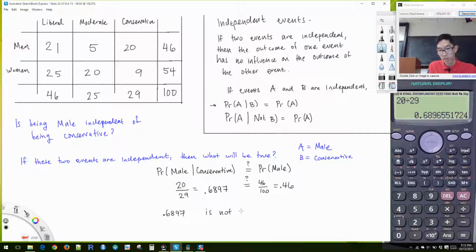So we conclude that they are not independent. That being male and being conservative are not independent.